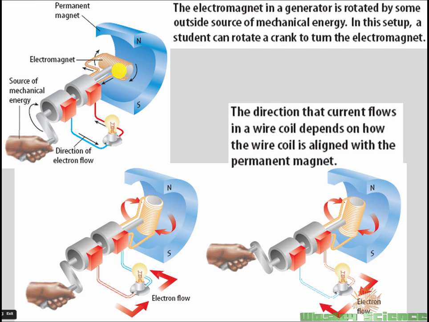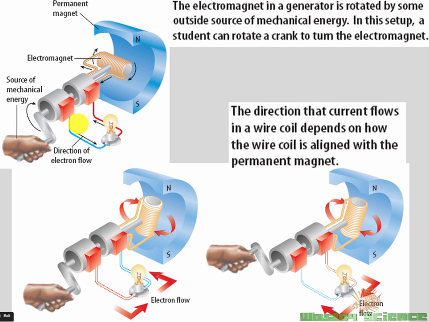The electromagnet spinning causes the north and south pole to switch, which causes electricity to flow through the brushes, and then we have a wire that just completes the circuit. By creating a closed circuit, the electrons can flow through and turn on the light. That's really all that's going on here.